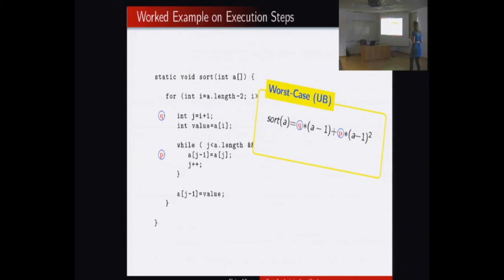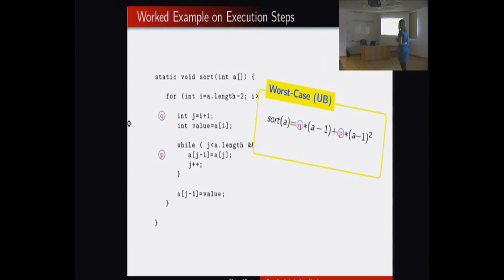So how many times do I execute the P instructions within the while loop? In the worst case, a quadratic number of times, because for each iteration of the for loop, I can in the worst case traverse the whole array again. So this is what we expect, or what Costa is going to give us, and we should see that this is the worst case complexity.